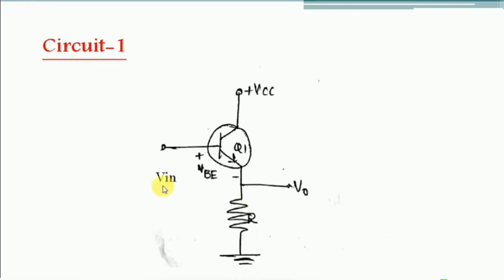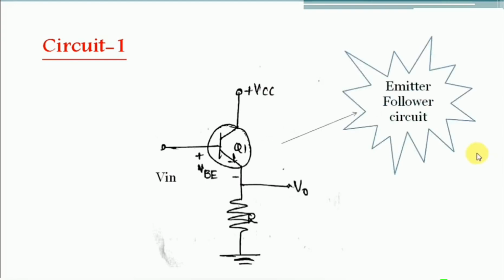Here the input signal is given at the base terminal of the transistor and the output is taken from the emitter terminal. So this circuit is nothing but a common collector configuration, also called an emitter follower circuit. We know that in an emitter follower circuit, the output signal follows the input signal.